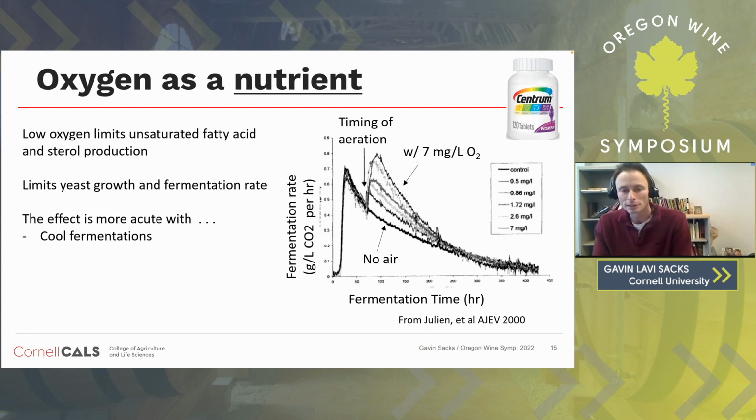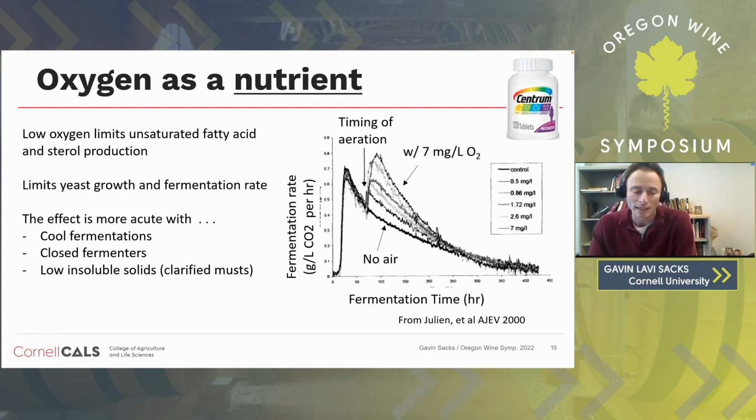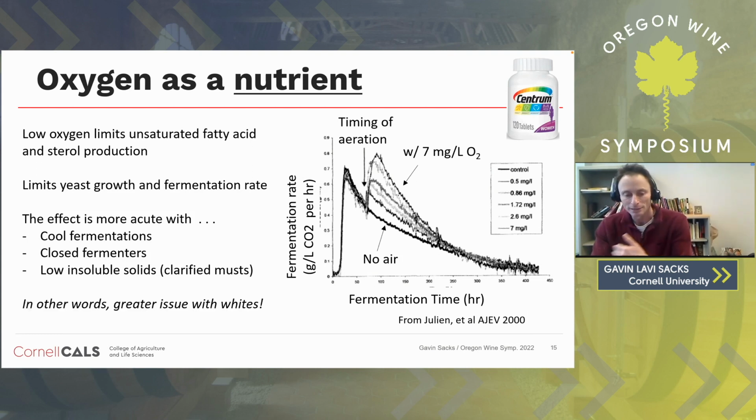This need for oxygen is particularly acute when you have cool fermentations, because the yeast want to produce more unsaturated fatty acids. When you have closed top fermenters that exclude oxygen, and when you've got very low insoluble solids, that is, more clarified must. What I've just described is the way we typically make fruit-forward white wines: cool fermenters, closed top, well-clarified must.